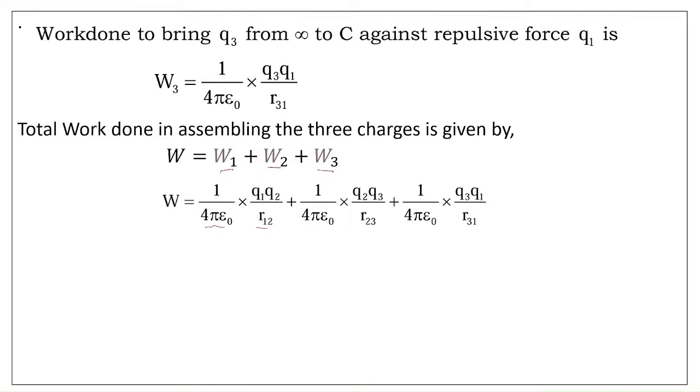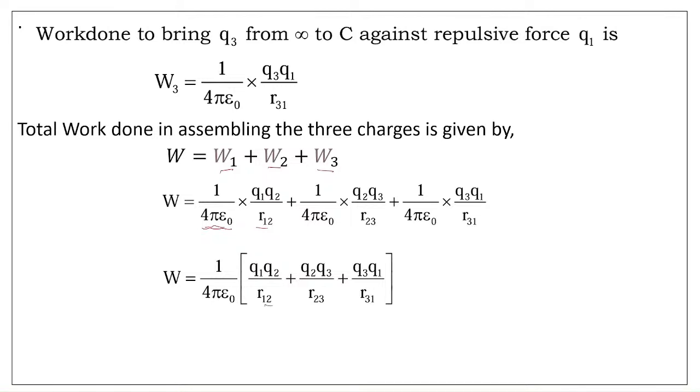Take 1 by 4 pi epsilon naught common, we get W is equal to 1 by 4 pi epsilon naught into bracket Q1 Q2 by R1,2 plus Q2 Q3 by R2,3 plus Q3 Q1 by R3,1.